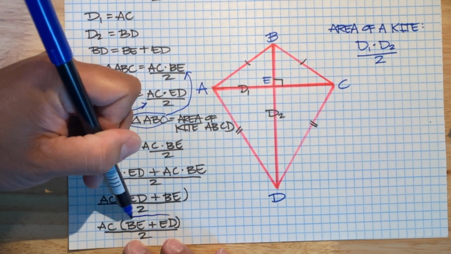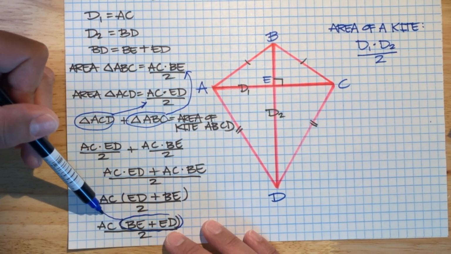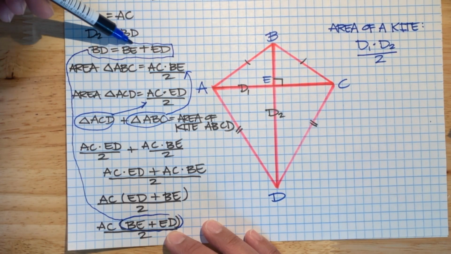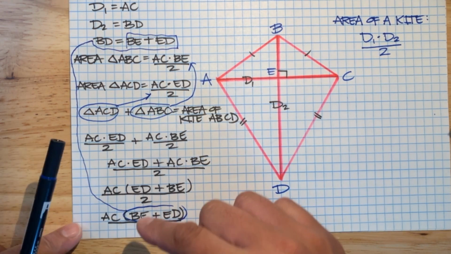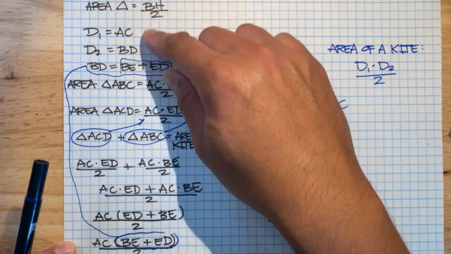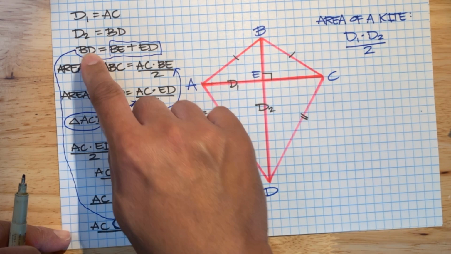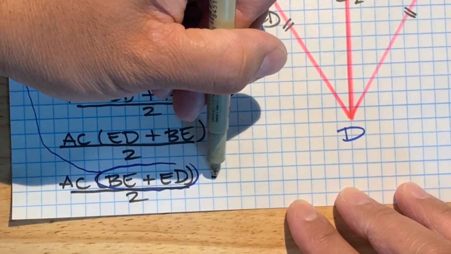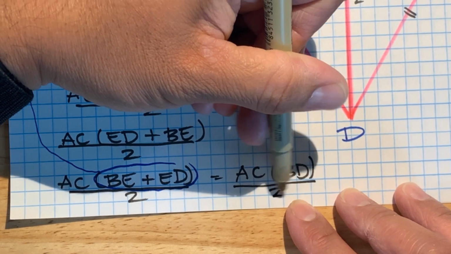Here is BE and BE plus ED, and if we go all the way back, BE plus ED. Oh, look at that, BE plus ED. When we have things in our proof, we could look back at what we've stated, some facts that we've stated in the beginning. We can substitute. So BE plus ED is equal to BD. So let's substitute it, which is equal to AC times BD over 2.